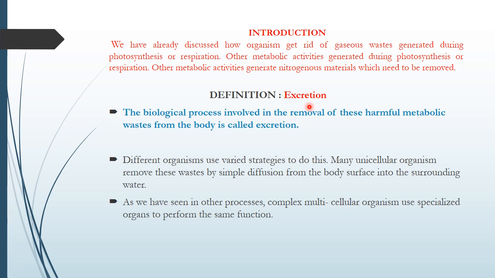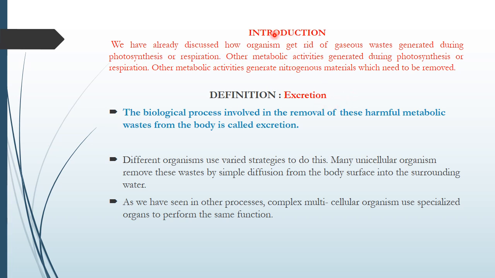Dear students, we know the chemical activities within the cell not only produce useful growth products and energy, but also produce certain harmful waste products. These harmful chemicals must be eliminated from the body.